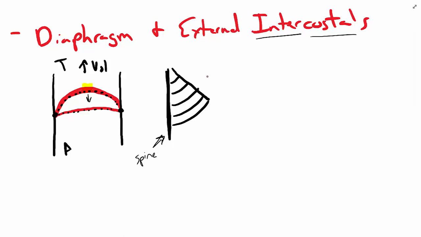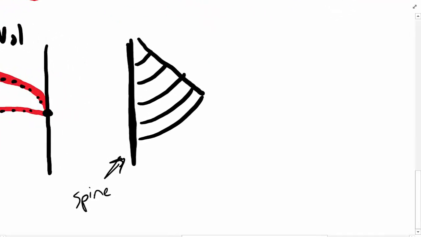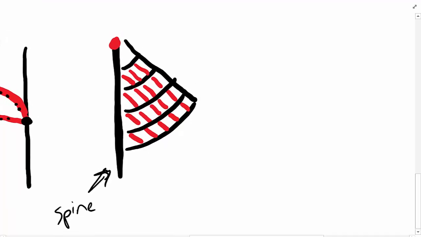The intercostal muscles, I'm going to zoom in here. There are several different ones, and the external intercostals are important for inspiration. The external intercostals are oriented obliquely towards the top of the spine, like this. When these muscles contract, as with any muscle, you're decreasing the length of that muscle.